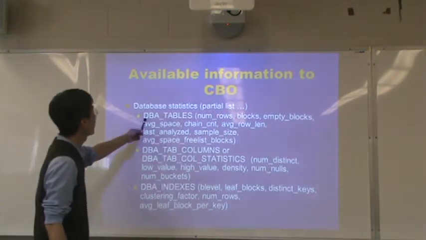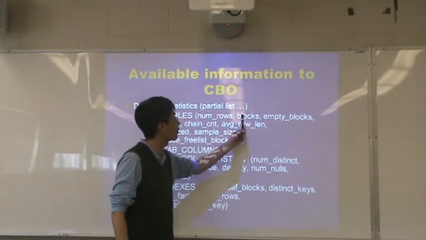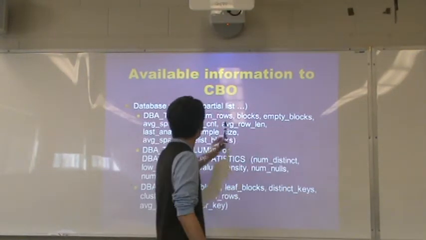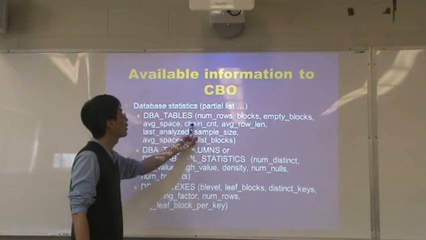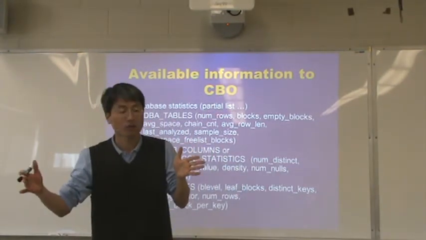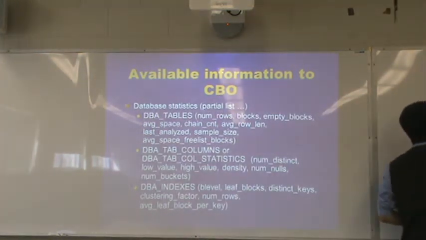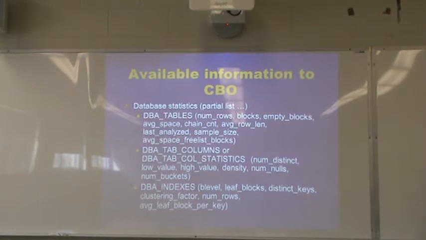For example, the DBA_TABLES view has all the information about the table, including the number of rows, number of blocks, how many empty blocks, average space, and chain count, which means how many rows are chained. Do you remember that? There are two options to use the block: one is unchained, another one is chained, which means spanned or unspanned. If the row is spanned, even though you need 20 bytes, there will be a pointer and it is connected.